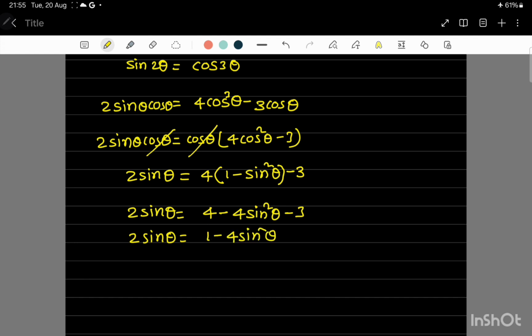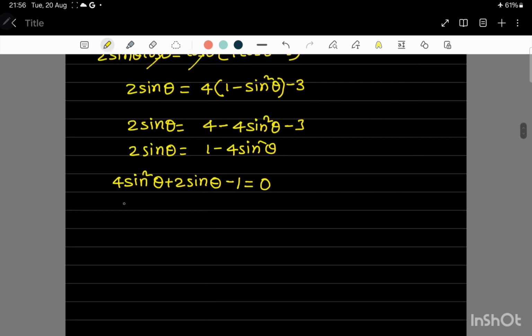So 4 sin square theta comes to the LHS side, so this value becomes plus 4 sin square theta, and before 2 sin theta plus is there, so we can write here plus 2 sin theta, and on the right hand side before 1 plus sign is there, so 1 comes to the left hand side, this value becomes negative, so minus 1 is equal to 0.